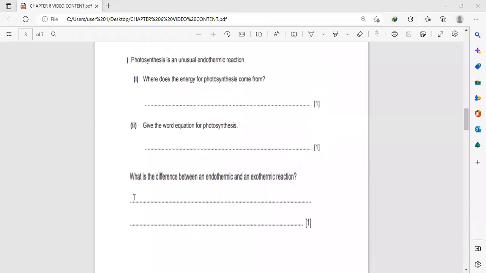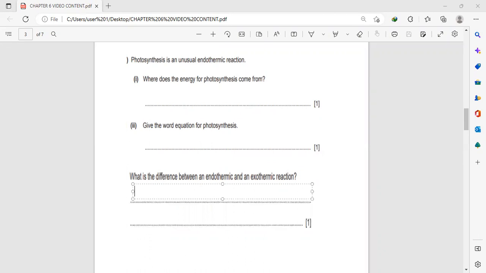What is the difference between endothermic and exothermic reaction? You can make one table format, otherwise you can write one by one. Now I am going to first of all mention endothermic reaction.